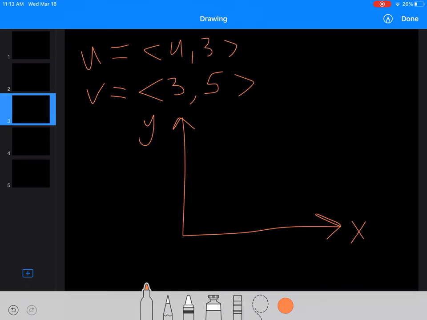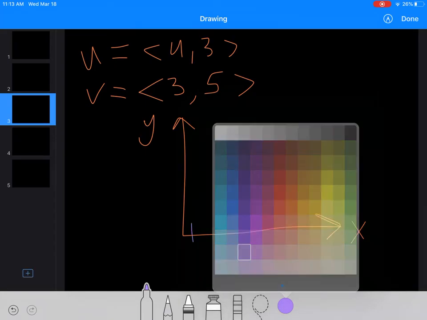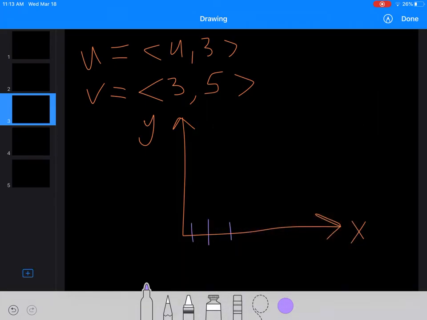So if we graph vector, let's use a different color for each vector. If I'm going to graph vector v, I need to go over 3 on the x and up 5. And that vector is going to look like that as a graph.